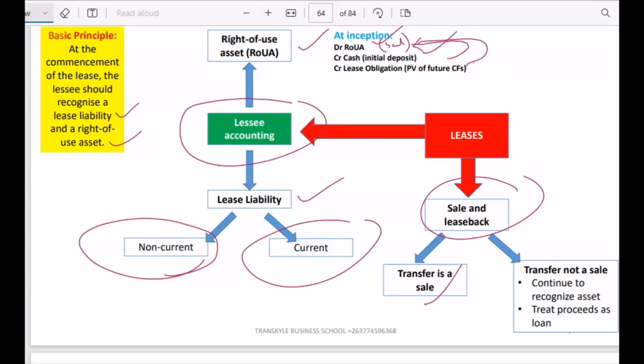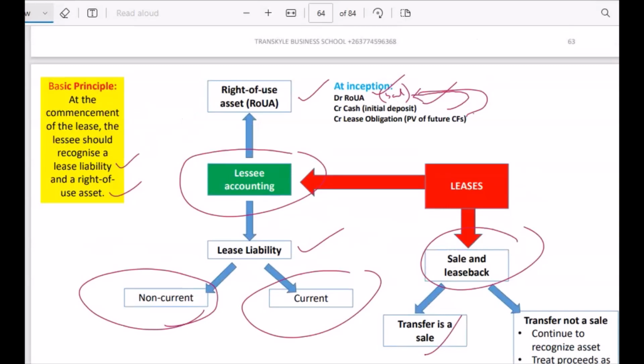And if we are treating the proceeds as a loan, then we also have to know that IFRS 9 comes into play. Okay, so let's proceed, ladies and gentlemen. I just wanted to show you this diagram so that you understand what is going on from a bird's eye view perspective.